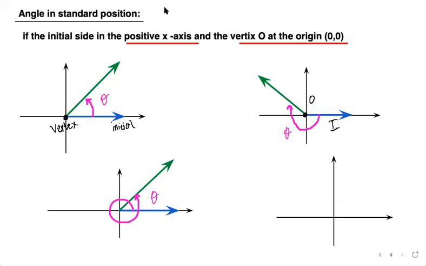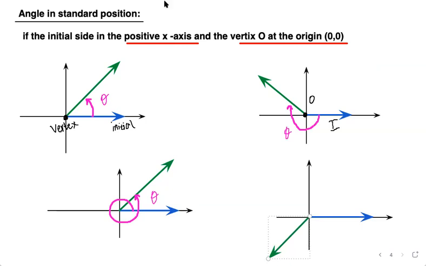And the last one. This is my initial side, always my initial side, on the positive x-axis all the time. And my terminal side is in the fourth quadrant like this.